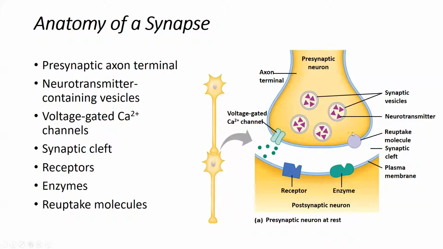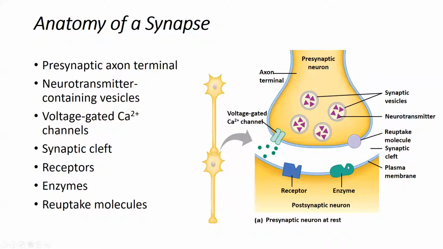We also have the presence of reuptake molecules. So this purple ball, which is present on the presynaptic neuron, is a reuptake molecule, and that is going to be responsible for reuptaking any of those degraded neurotransmitters that have been broken down by this enzyme.